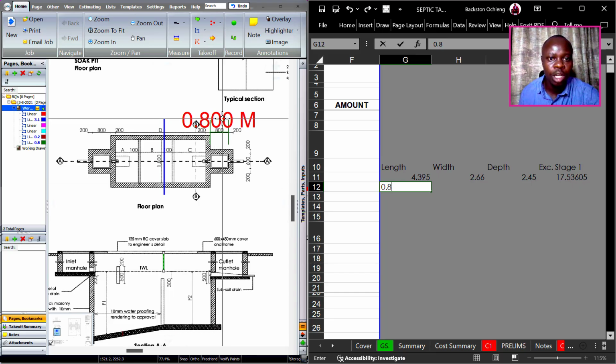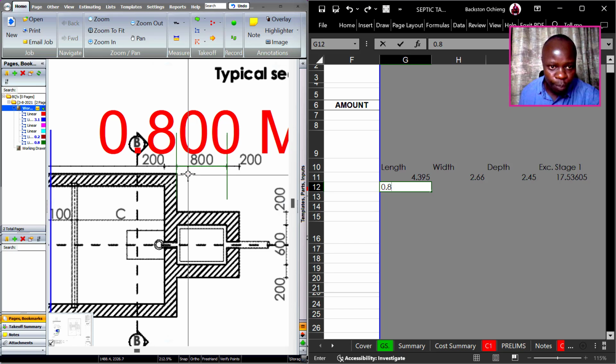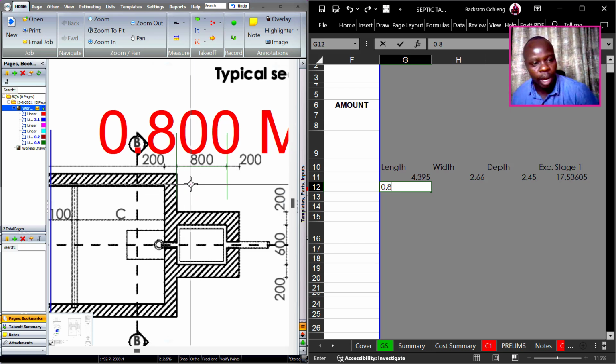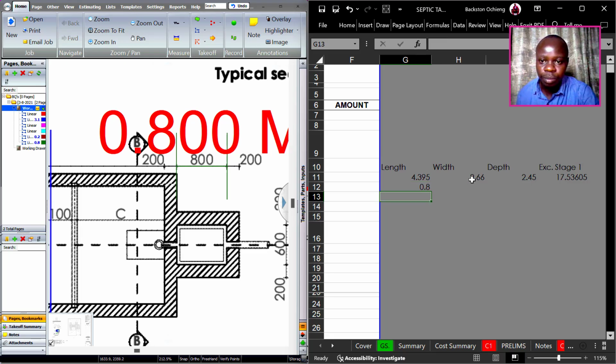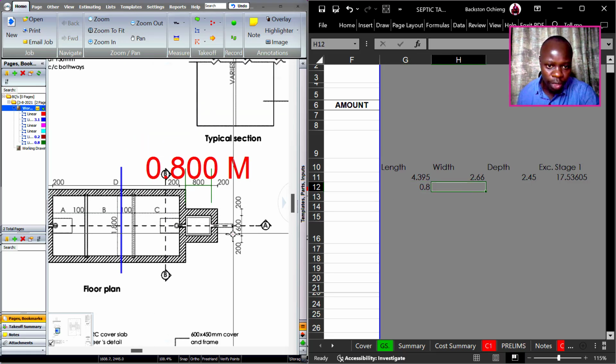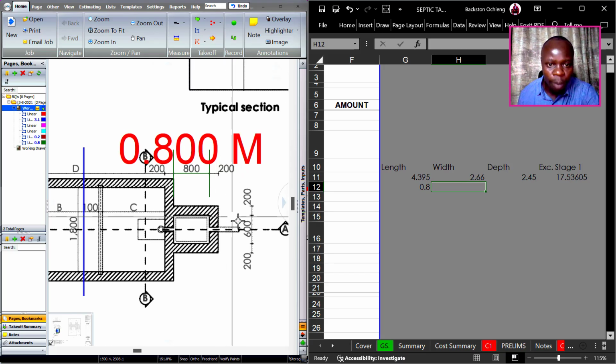So that stretch should cover us for what is here. We'll take 200. Okay, from this point up to this point, we less 200 and then we add the 200. So it's like -1 plus 1. So this remains to be 0.8. And then the width is 0.6. But then we add the wall parts.